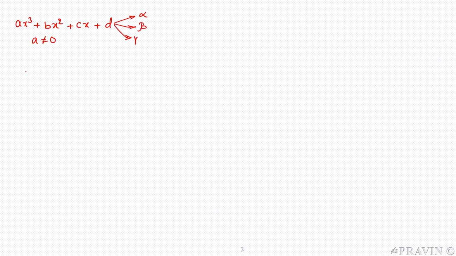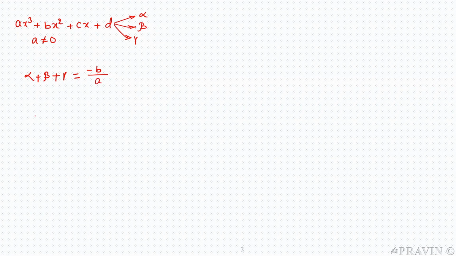So the first relationship is the sum of zeros. So alpha + beta + gamma, this is the sum of zeros. It can be written as minus coefficient of x². So what is the coefficient of x²? That is b. So −b/a, where a is the coefficient of x³.